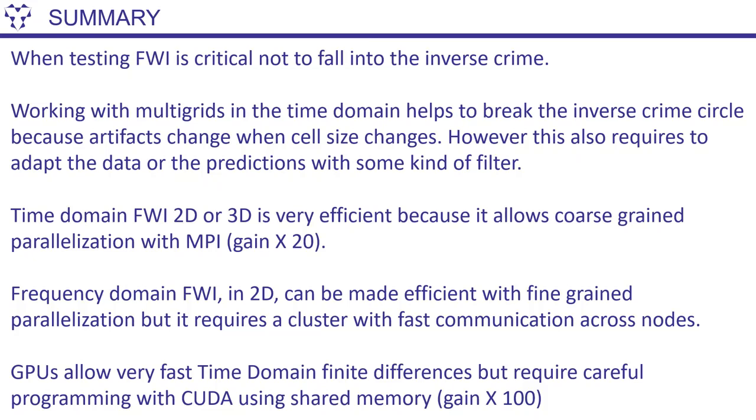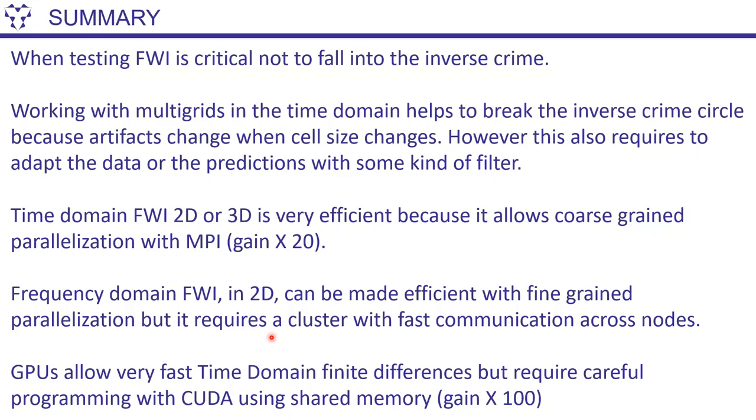So let us summarize some of the key ideas that we have seen in this talk. First of all, when testing full waveform inversion algorithms, it's critical not to fall into the inverse crime. And one way to do that is to work with multi-grids in the time domain, because changing the grid size helps to destroy some of the artifacts that help to do the inversion in the inverse crime scenario.